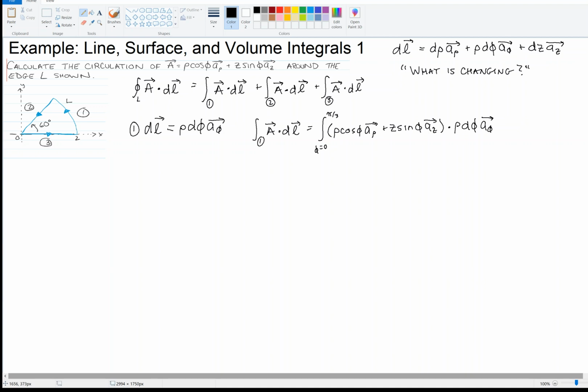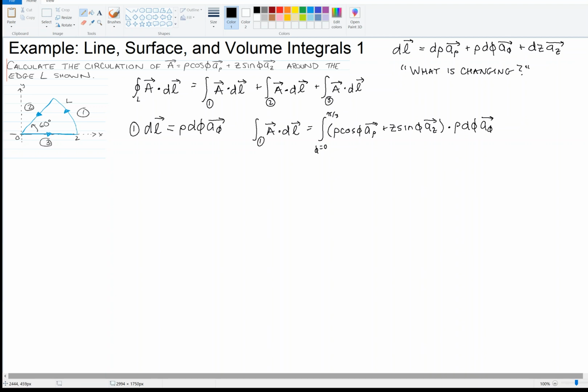All right, so now I have to do this dot product. The dot product obeys the distributive property, so I can distribute this in. Now, a phi, the unit vector in the phi direction, is orthogonal to a rho, the unit vector in the rho direction. So a rho dotted with a phi is 0. And similarly, a phi dotted with a z, those are orthogonal as well.